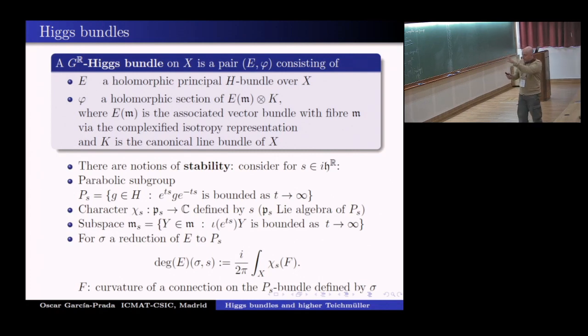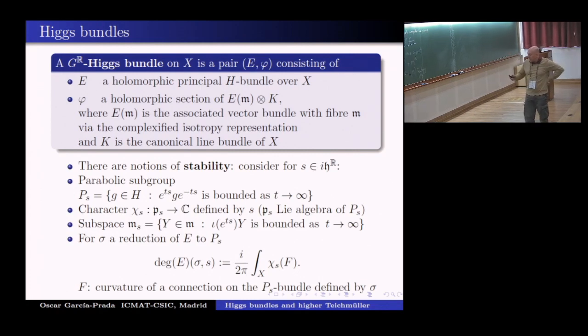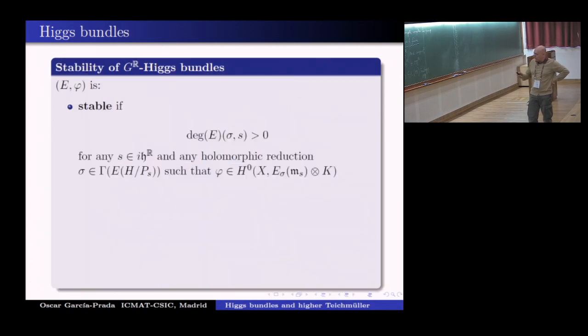So with all these ingredients in hand, you can now define what stability is for a G_R Higgs bundle.